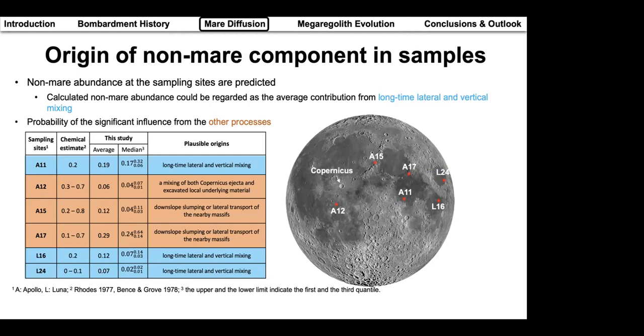And for Apollo 15 and 17, because they are quite close to the nearby massifs, very steep massif zones, slumping of these massif materials can significantly mix into the sampling sites.